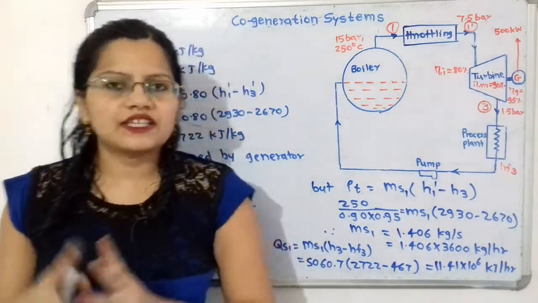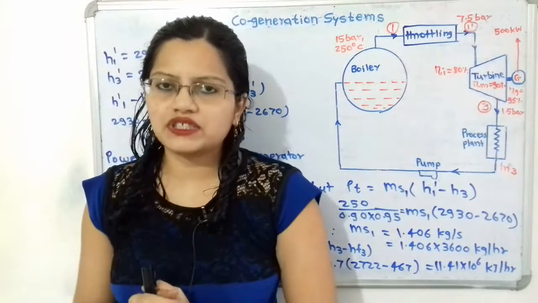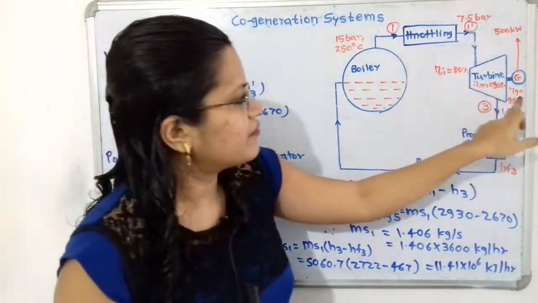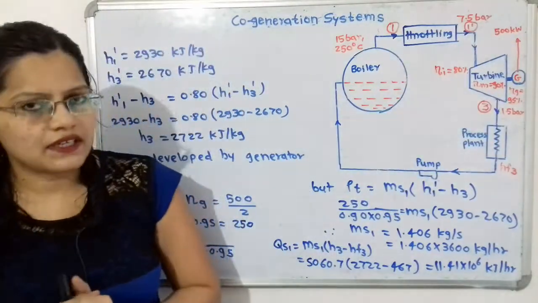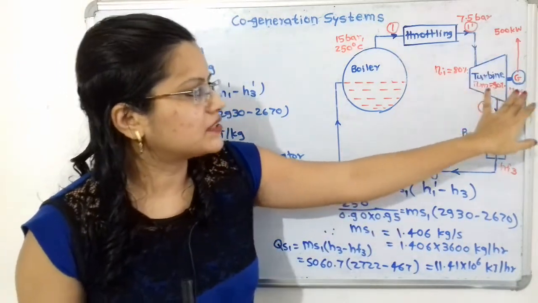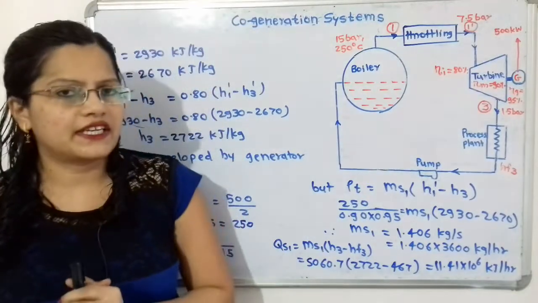Now what is the relation between the power developed by the turbine and the power developed by the generator? We have to multiply the power developed by the turbine by the mechanical efficiency and generator efficiency, because only after passing through this mechanical conversion and the generator is electrical power developed.